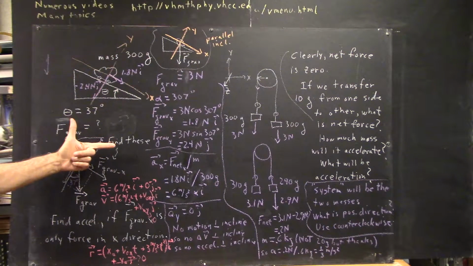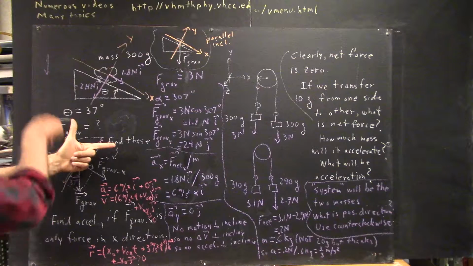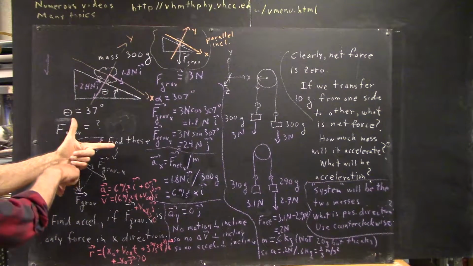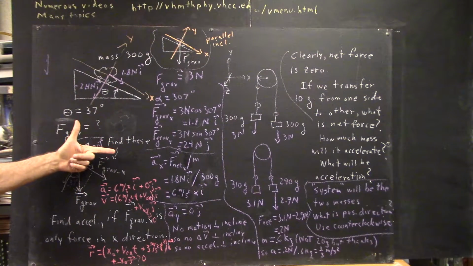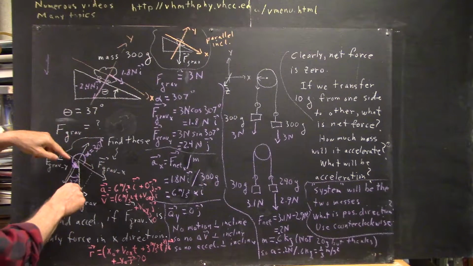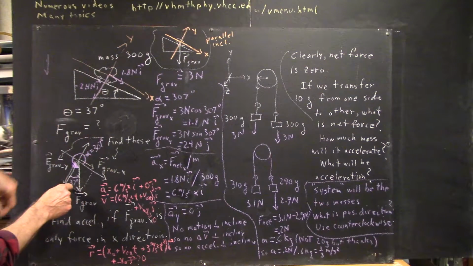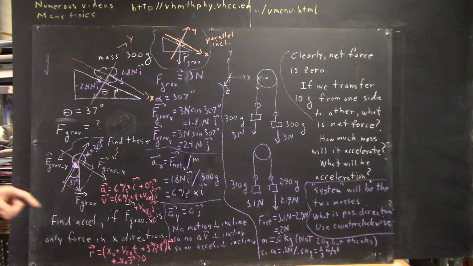Here we are with the vertical horizontal XY coordinate system with the gravitational force purely in the y direction, and the negative y-axis is down here. We rotate 37 degrees, the y-axis swings out 37 degrees. So you have a 37 degree angle down here.